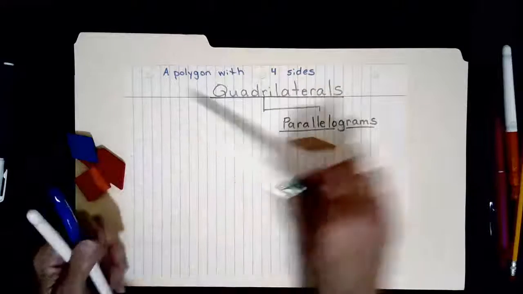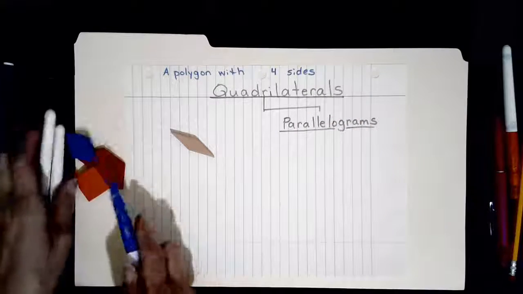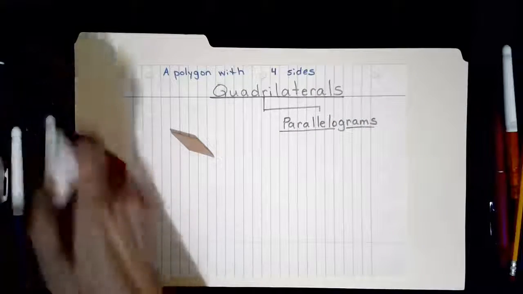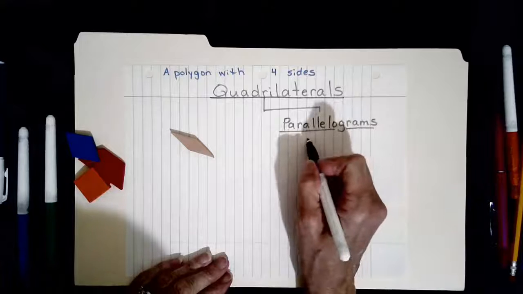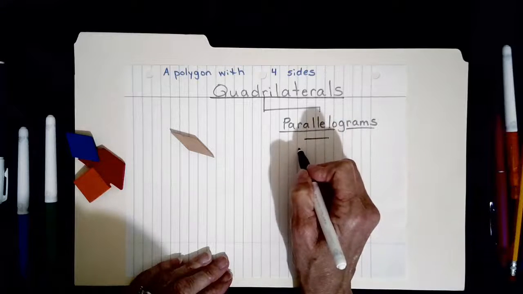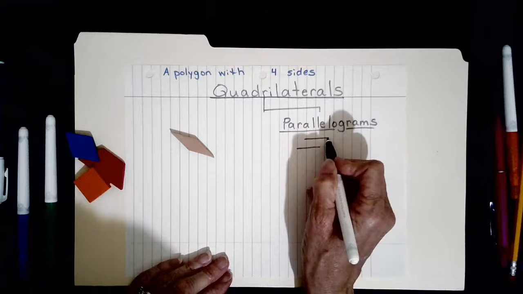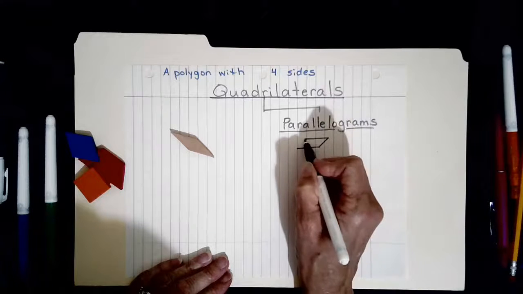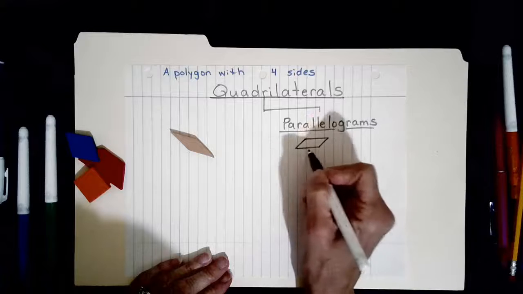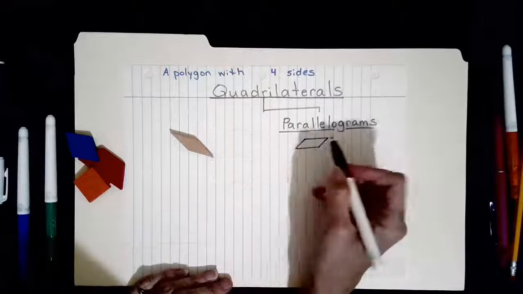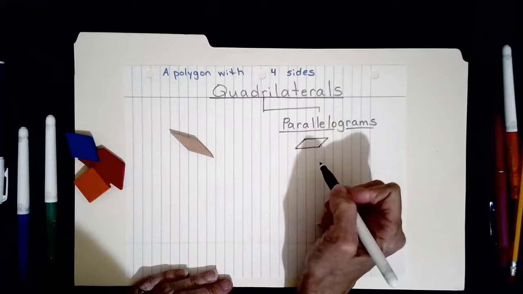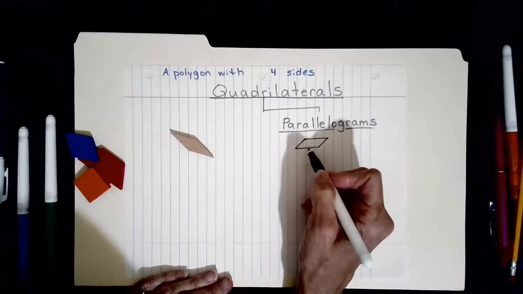So that makes it parallel. So I'm going to draw a parallelogram right here. I'm going to have a straight line across, and then this one's going to be a straight line across. I tried to make them about the same size, and then I'm going to connect them. So in this case, I just connected them with the slant line. Doesn't matter as long as these two lines are the same length and parallel, and these two are.